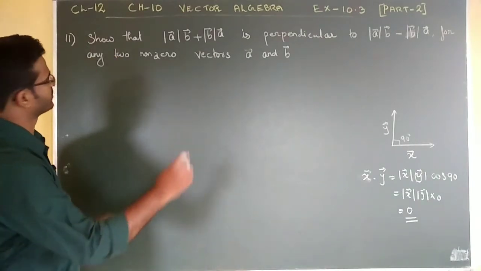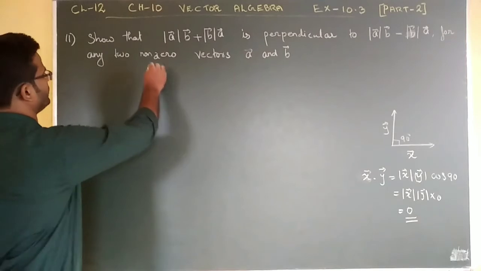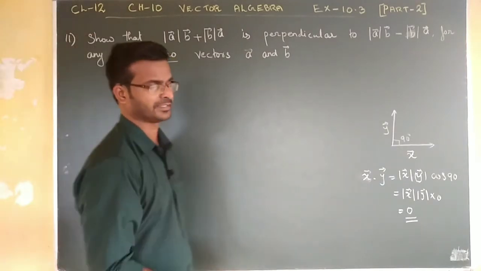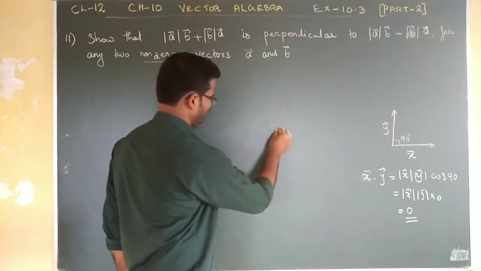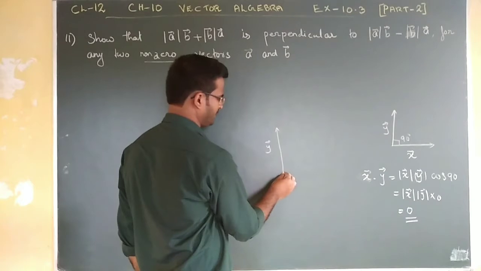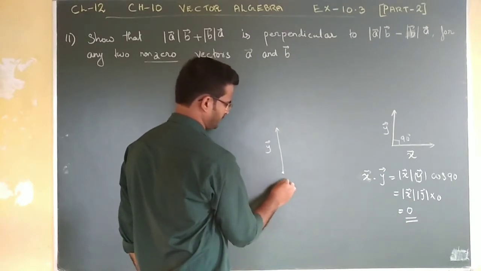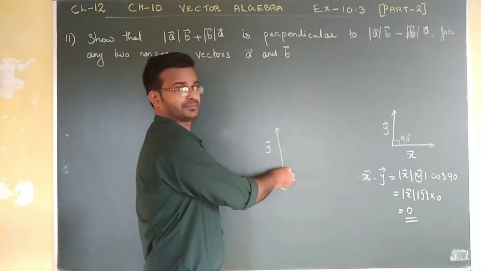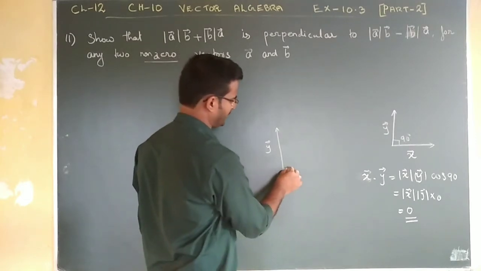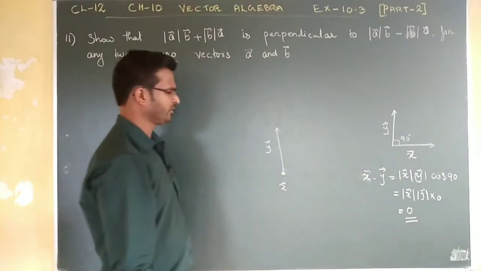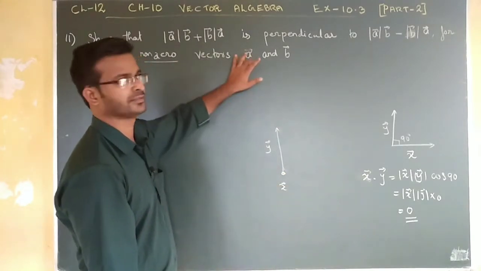Then the second part of that question, for any two non-zero vectors, if you use zero vectors, what will happen? This is y vector, another one is this x vector, this is 1 point. Why 1 point? Because I considered one zero vector. Zero vector means we cannot make any angle here, isn't it? Then we cannot use any zero vector in this case.